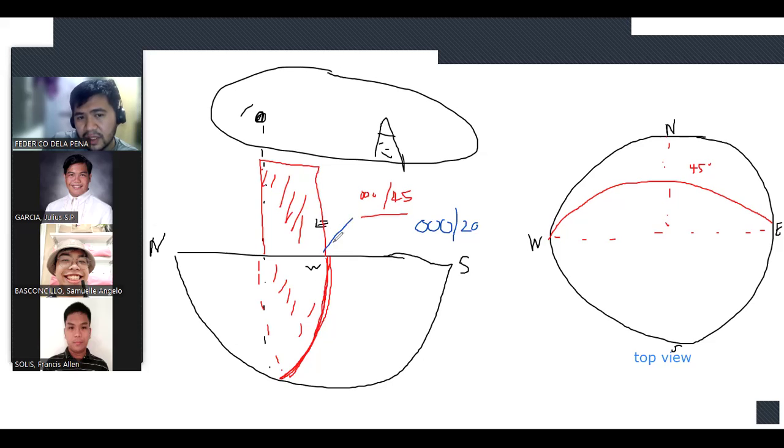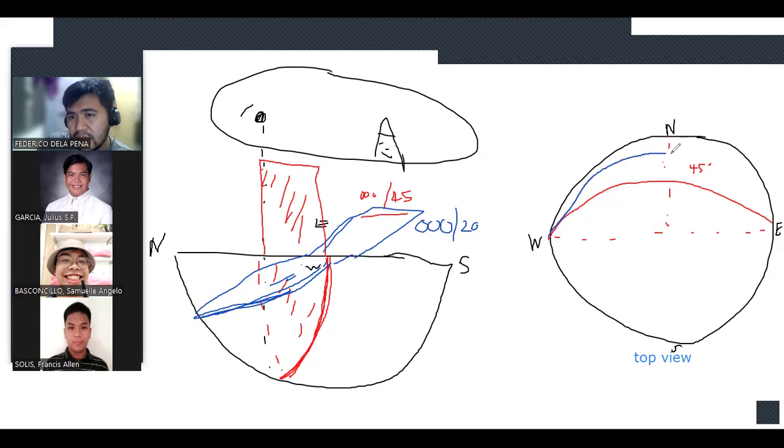That would be a much gentler plane, and it will intersect the bowl at a gentler angle. If you look at it from top view, the arc plot of that discontinuity would be closer to the northern edge.